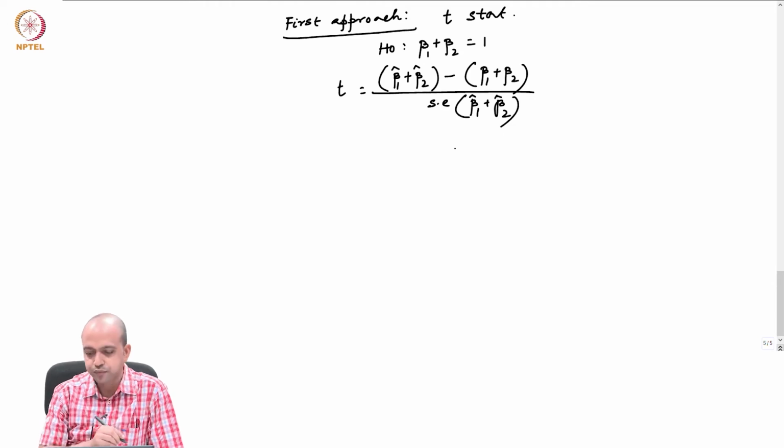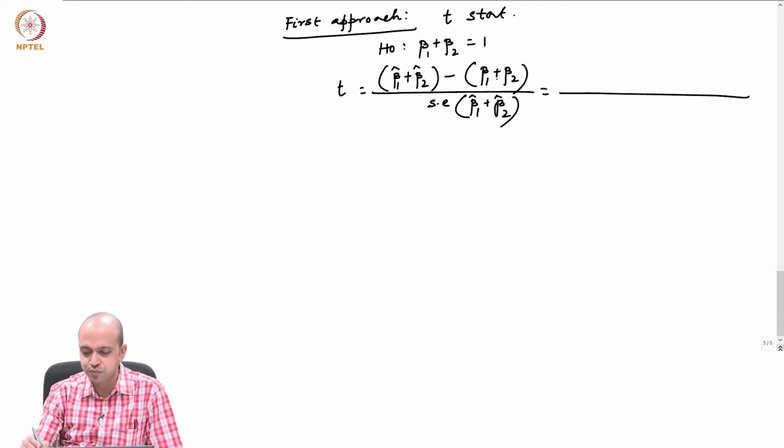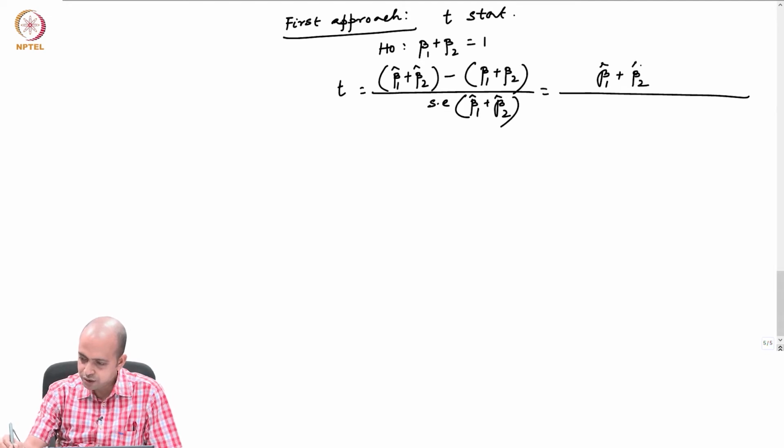We have hypothesized beta 1 plus beta 2 equals 1. That is why your numerator would become beta 1 hat plus beta 2 hat minus 1, divided by the standard error of beta 1 hat plus beta 2 hat.